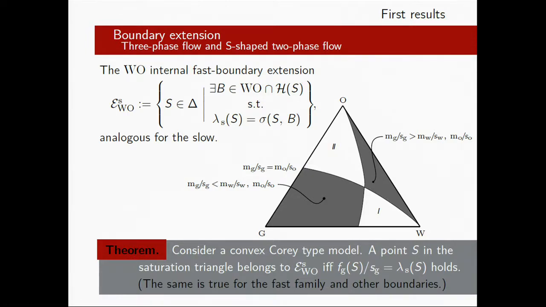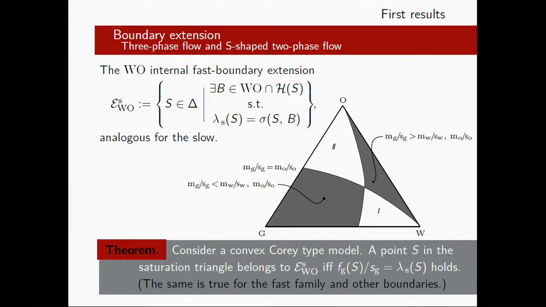That is what we call the boundary extension curve. If you take the saturation triangle and you take one of the edges where one of the saturations is zero, you are looking for sonic shocks from the inside of the saturation triangle to the boundary. One of the relations is that the speed must be given by the eigenvalue.